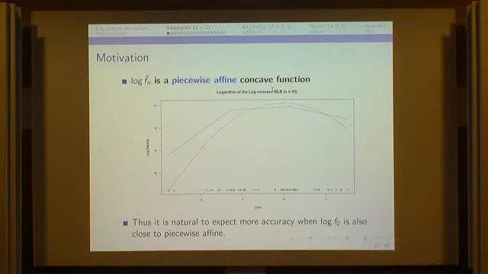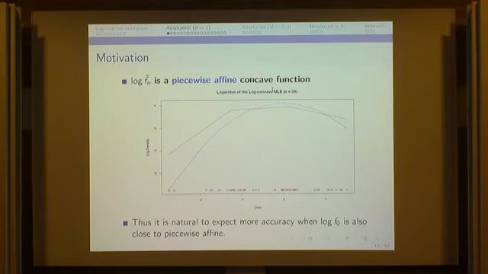So the idea is this. We know that our estimator, if we take the log of the log-concave MLE, is a piecewise affine concave function when the dimension is equal to 1. Here I draw some plots. This blue curve is the log of the true density. I use the normal density in this case.